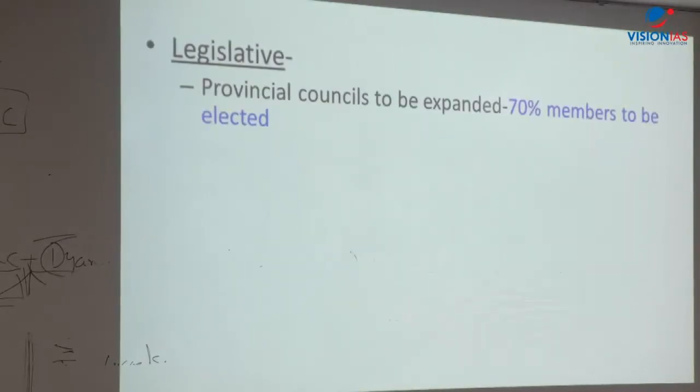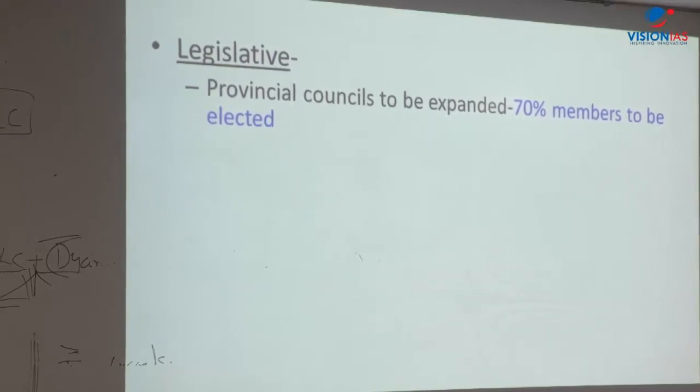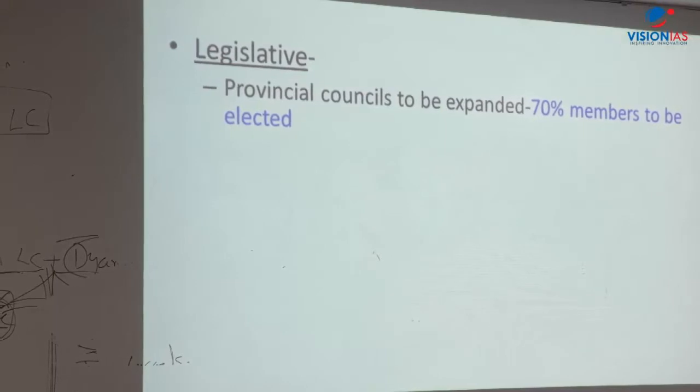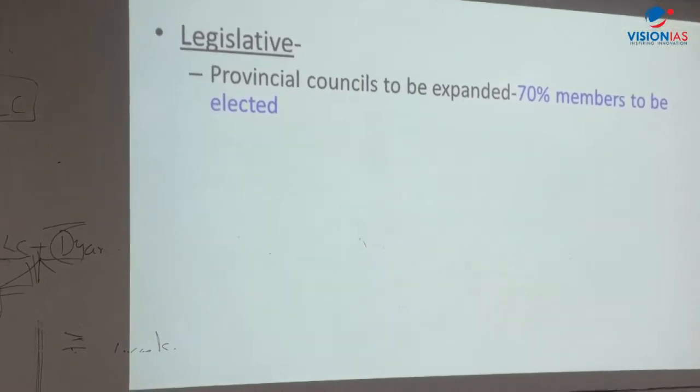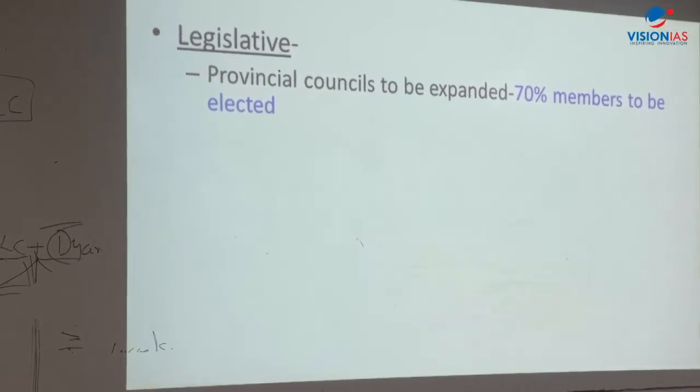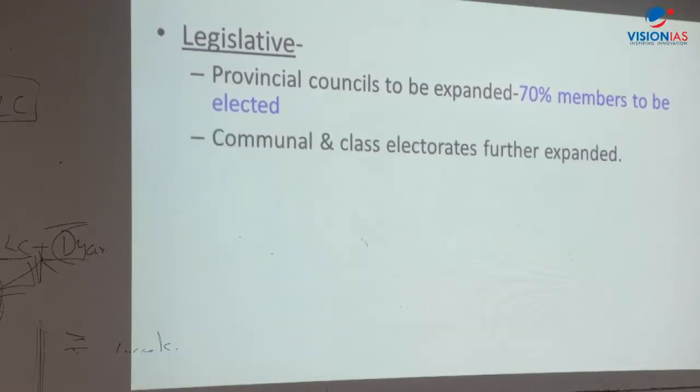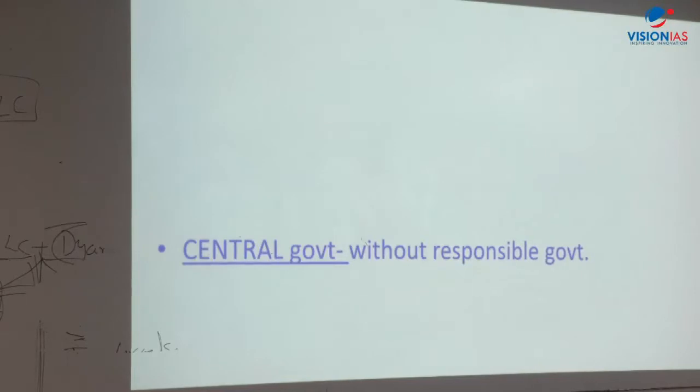Now, also the provincial councils were expanded with the idea 70% data कुछ याद रखने की जरूरत नहीं है, but what you need to know is that now for the first time majority were not just going to be Indians but going to be elected Indians at the provincial levels. Separate electorates continued. Women were given the right to vote for the first time. This all happened. At central government, it still continued largely without a responsible government, and the Governor General continued to be the important player.